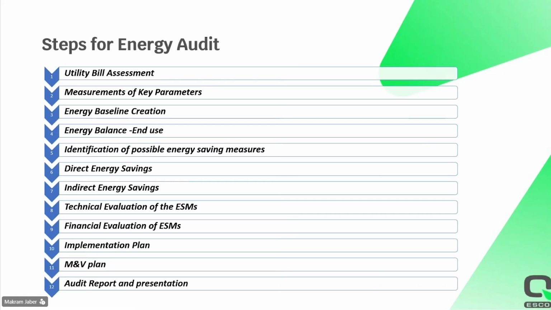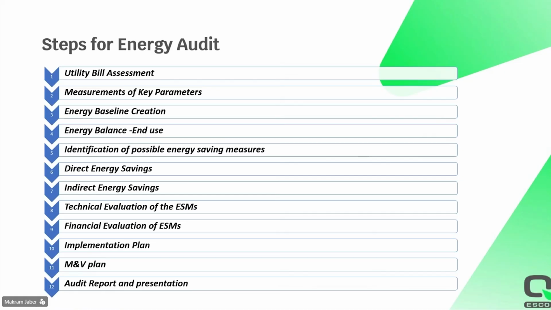After the energy use breakdown is done, we will look into the possible energy saving measures that can be done. We will identify the ESMs. After identifying the possible ESMs, we will conclude what the direct energy saving is, and we also conclude the indirect energy saving.